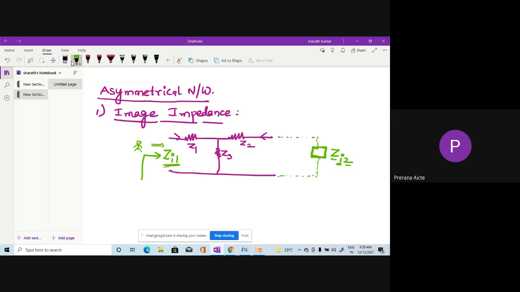This is one circuit taken into consideration in order to find the value of ZI1.